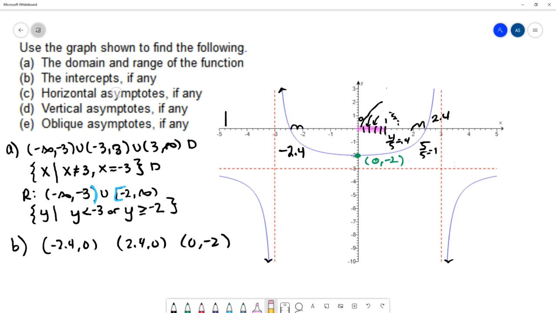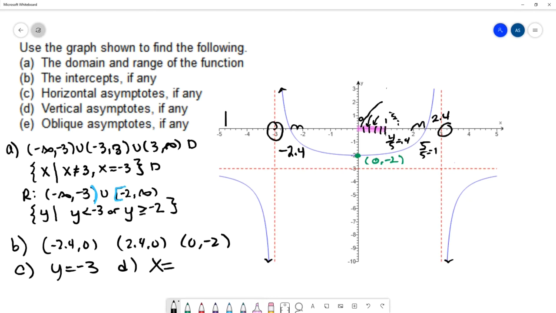So now we're going to look for horizontal asymptotes, vertical asymptotes, and oblique asymptotes. And we really had to already find them to understand what the domain and range were. So we located a horizontal asymptote at y equals -3. So that is part C. Y equals -3 is the horizontal asymptote. Vertical asymptotes, we had 2 of them at -3 and 3.